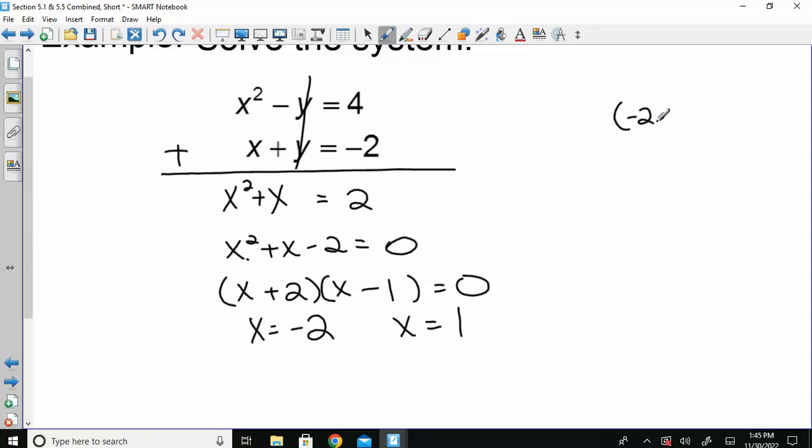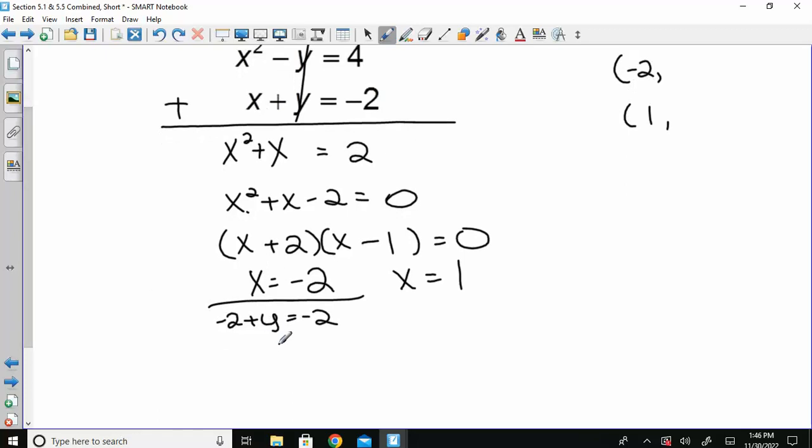Now, I need to get y for each of these. I know I have one ordered pair where x is negative 2 and one ordered pair where x is 1. So we just have to plug them in either equation. So let's just say I went with the second one. So that means negative 2 plus y equals negative 2. If I add that negative 2 over, we get y equals 0. So when x is negative 2, y is 0.